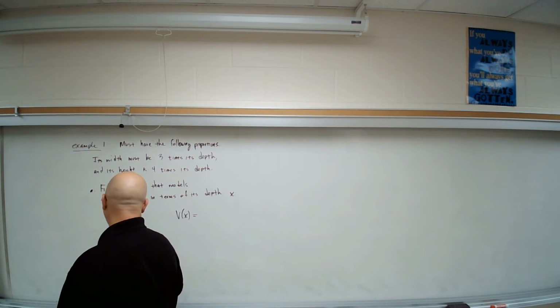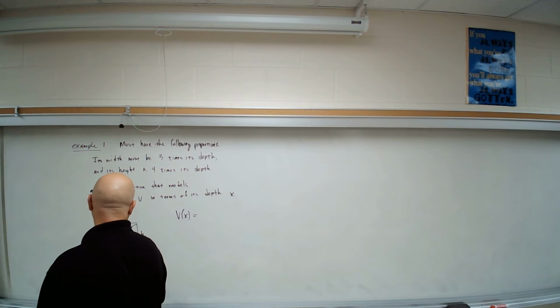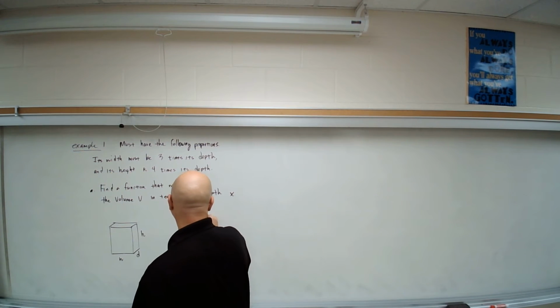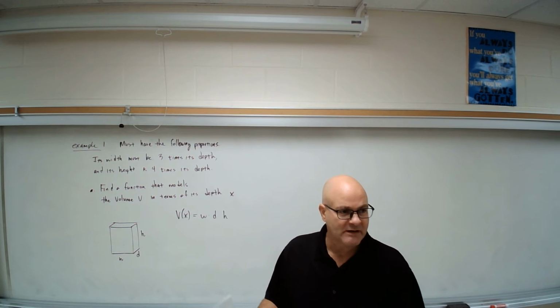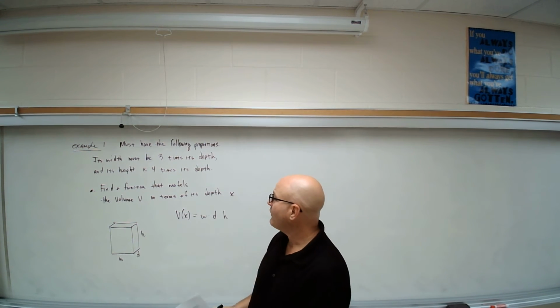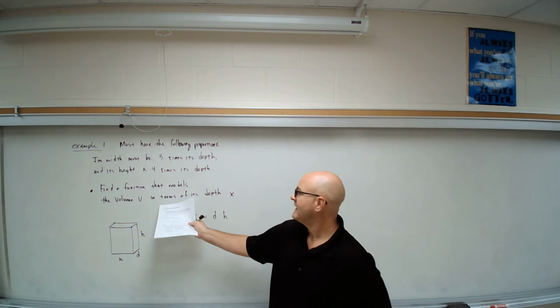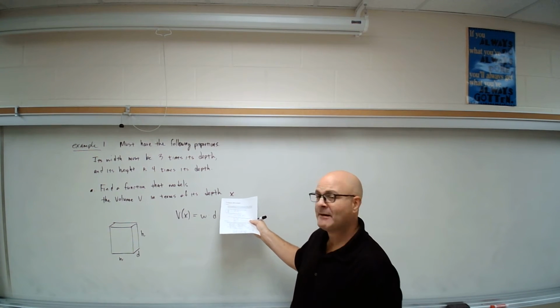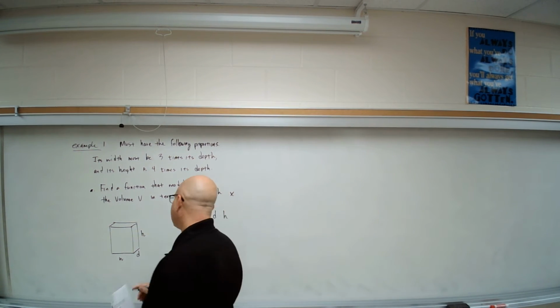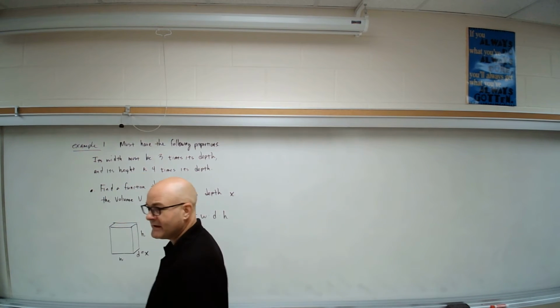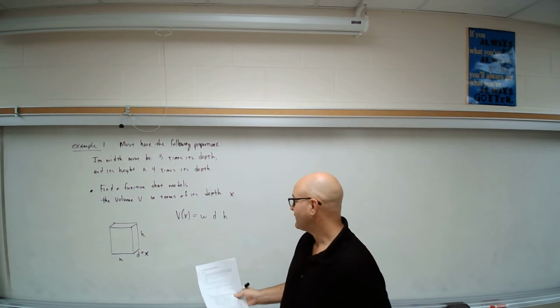Let's maybe use width, just to kind of match with their width, depth and height. So this would be W times D times H, which really doesn't matter. We're just measuring those. The depth seems to be the smallest, and it tells us right here we want to call the depth x. So D right here is going to be equal to x. Right, so that's going to deal with that.